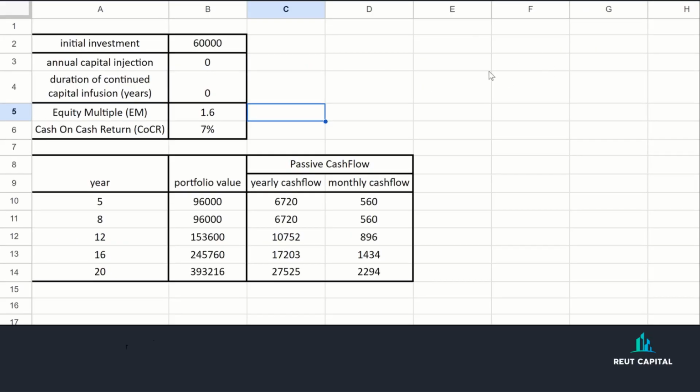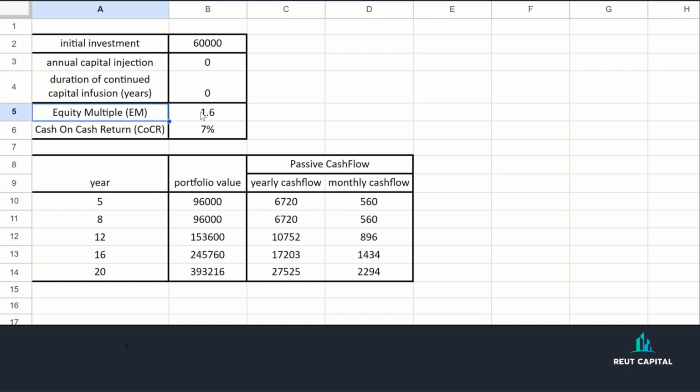This Excel organizes the data that I just shared on the whiteboard. This section is the assumptions, and this section is the results. Like we had seen, we are assuming an initial capital investment of 60,000 with no other capital injected for any other years. So that is 0.